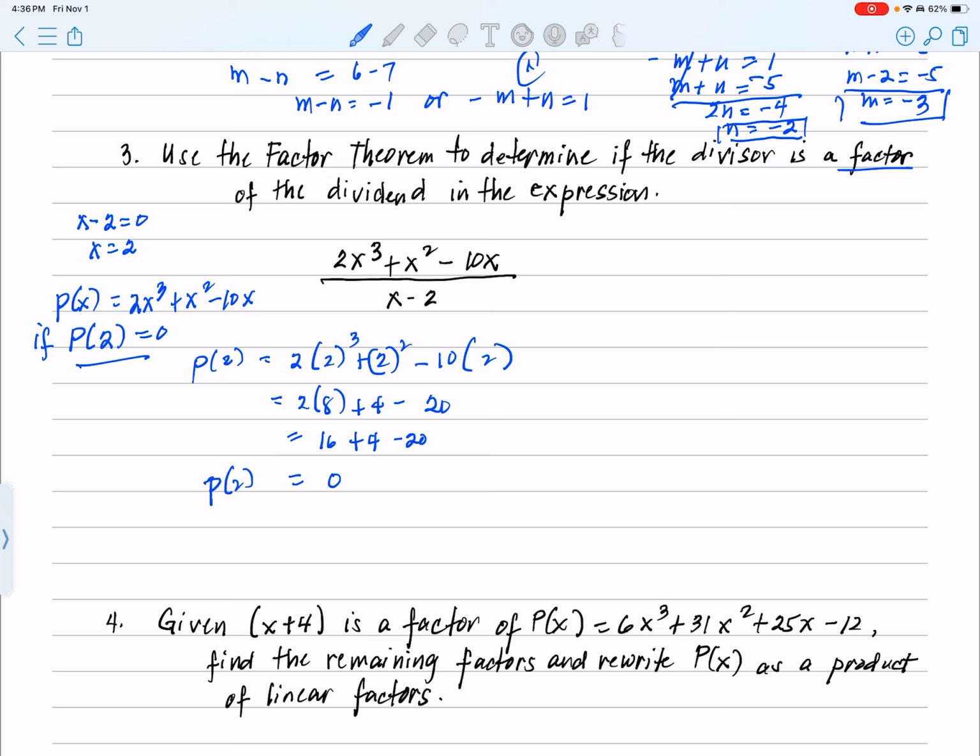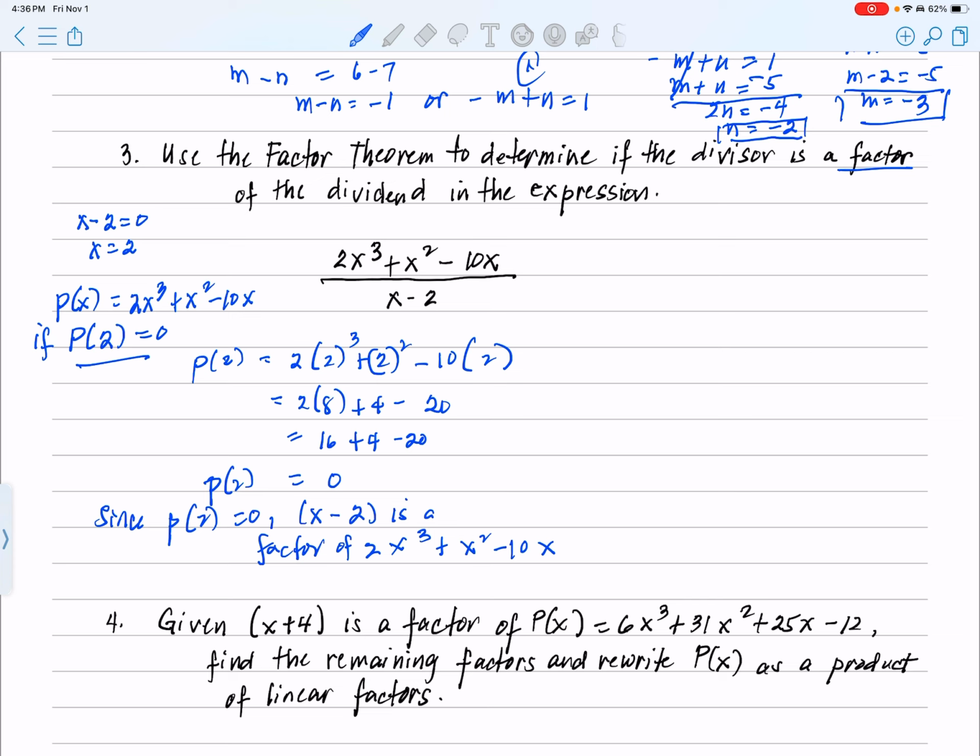Since p of 2 equals 0, we can say that x minus 2 is a factor of 2x cubed plus x squared minus 10x. And that is how you find out if it's a factor.